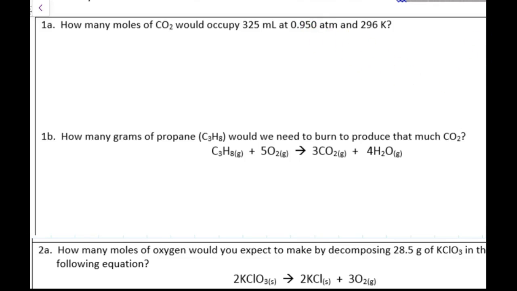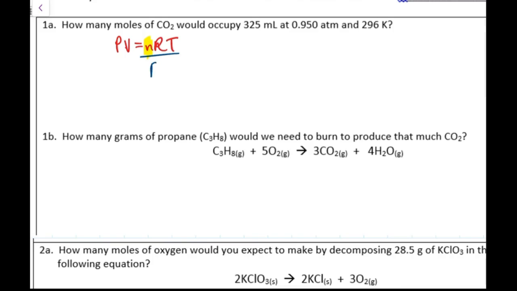Okay, so we are first looking to rearrange PV equals nRT, and we're trying to solve for moles, n. So if we divide both sides by R times T, that gets moles by itself. So n equals PV over RT.